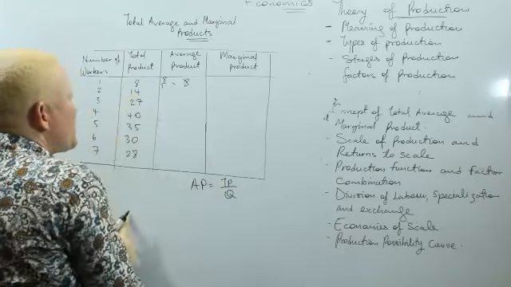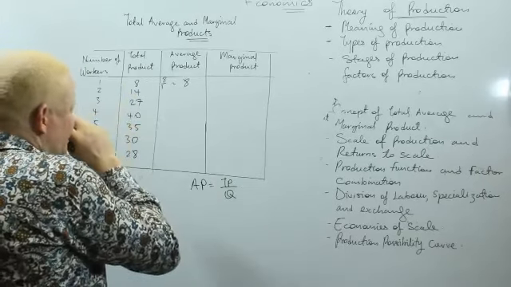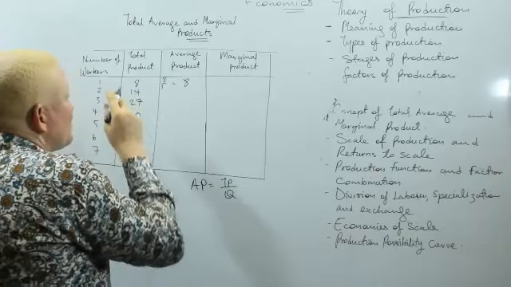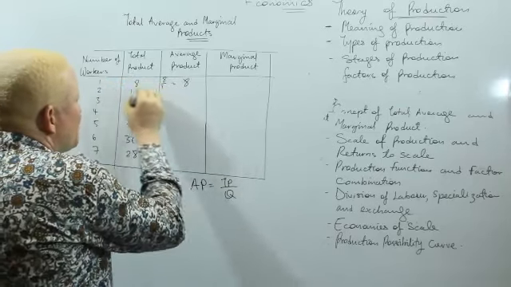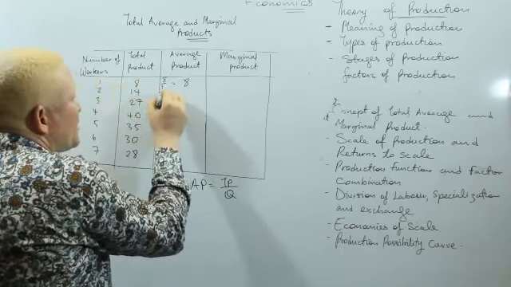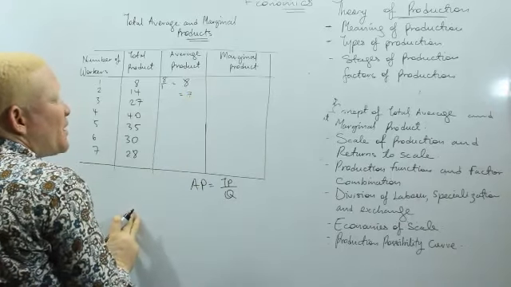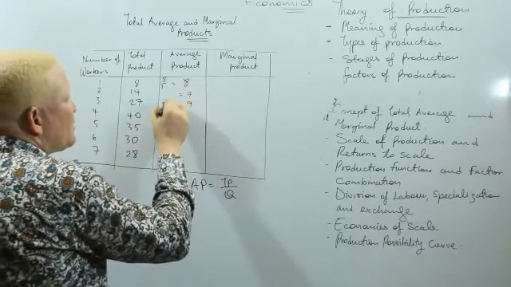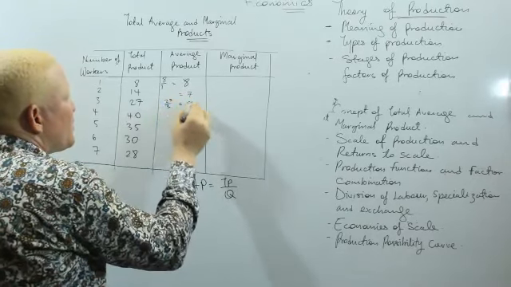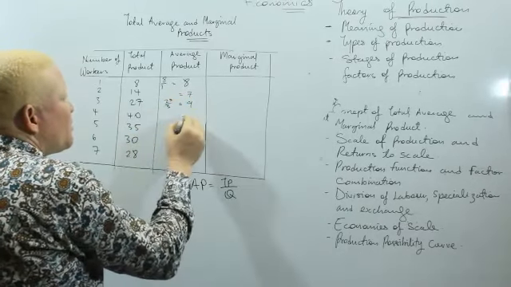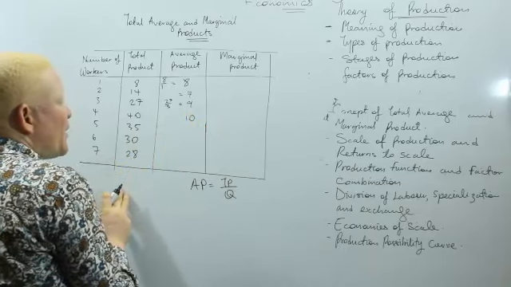And the next one would be 14 divided by 2, which gives us 7. And the third one, 27 divided by 3 gives us 9 units. The fourth one will be 10. The fifth one, 35.